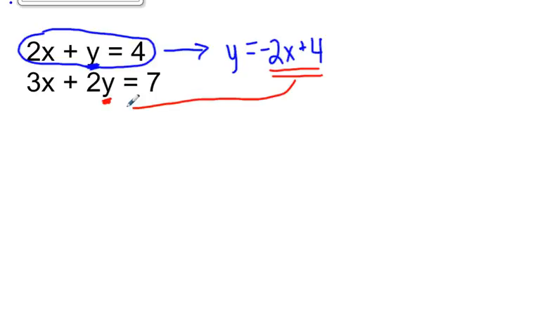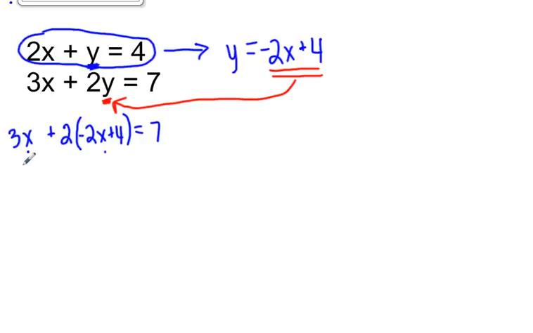So it's going to go into this second equation right here. So now instead of 3x plus 2y, I'll have 3x plus 2, and in parentheses, y is now equal to -2x plus 4. So now you'll notice I have the same variables in the equation. So now I can solve for x.